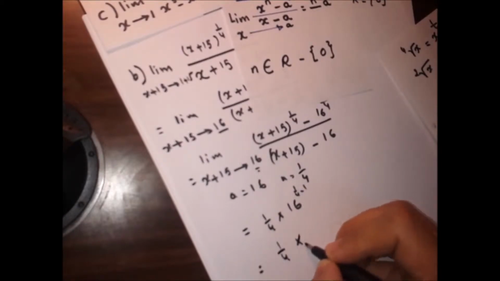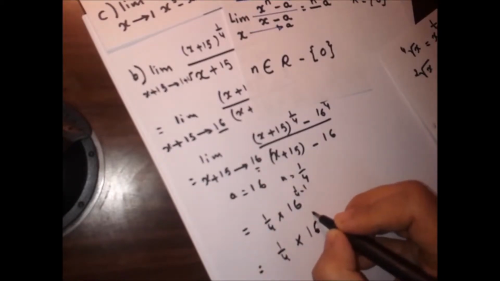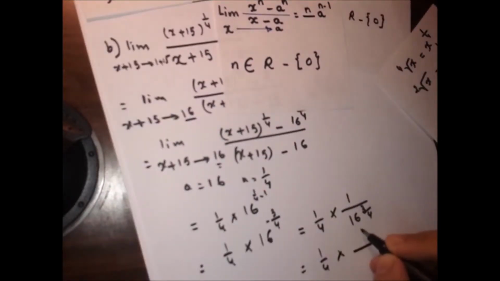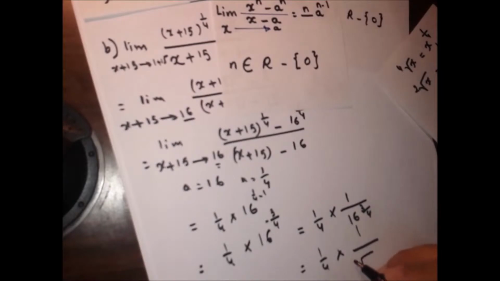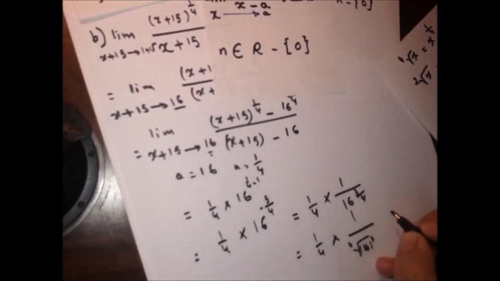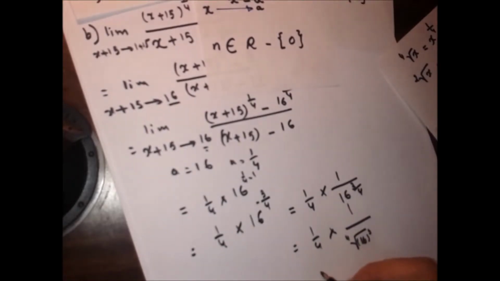So 1 over 4 times 16 to the power negative 3 over 4. We can change this into the fourth root of 16 to the power of 3, so this is equal to 1 over 4 times the fourth root of 16, which is 2, to the power 3, or 8. So this is equal to 1 over 4 times 8, which is 1 over 32.